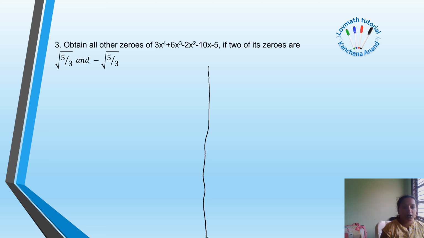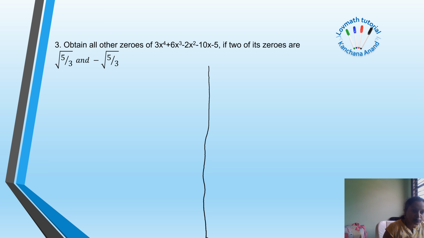Obtain all other zeros of 3x to the power of 4 plus 6x cube minus 2x square minus 10x minus 5, if two of its zeros are square root of 5 by 3 and minus square root of 5 by 3. Here they have already given two zeros of the polynomial, and we have to find the remaining zeros of the polynomial.